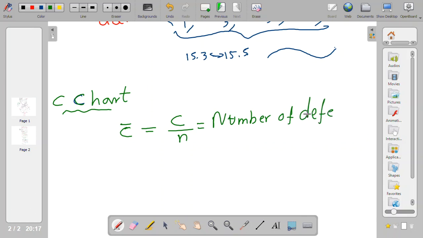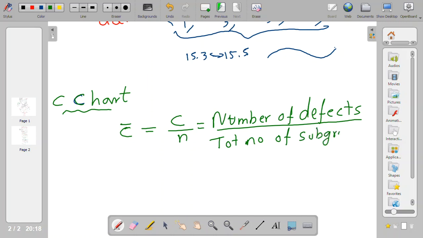What is the difference between defects and defectives? Number of defects divided by the total number of subgroups.